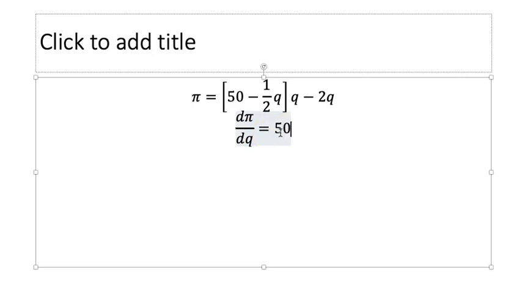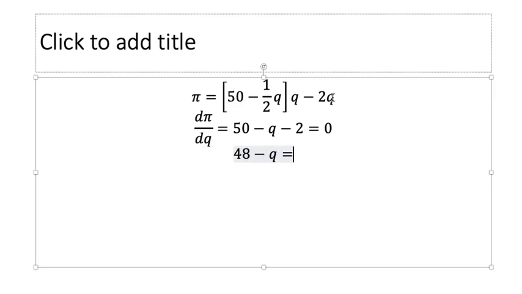So that's just going to be 50Q minus 1/2 Q squared minus 2Q, and set the derivative equal to 0. The derivative of 2Q is 2, so we get 48 minus Q equals 0.